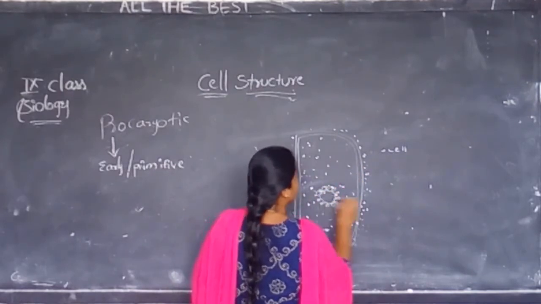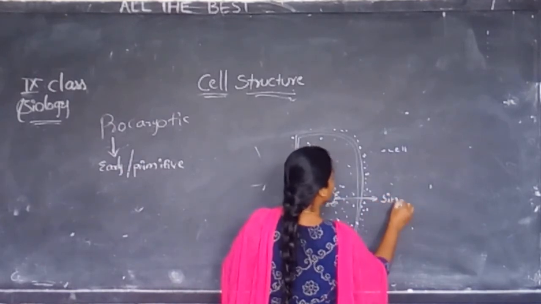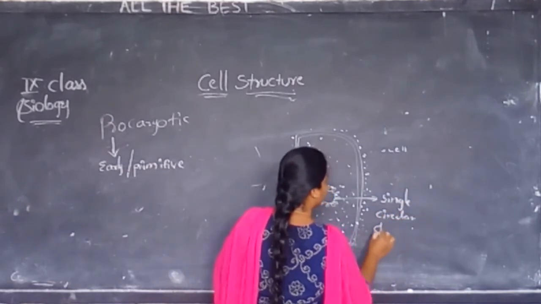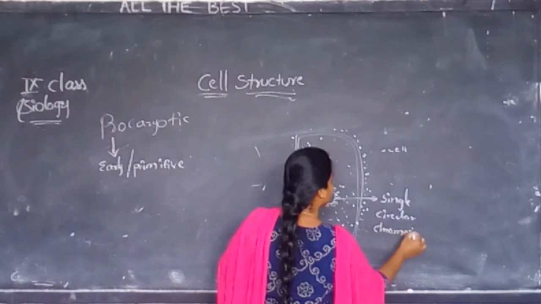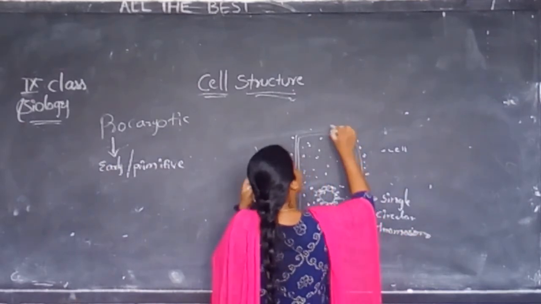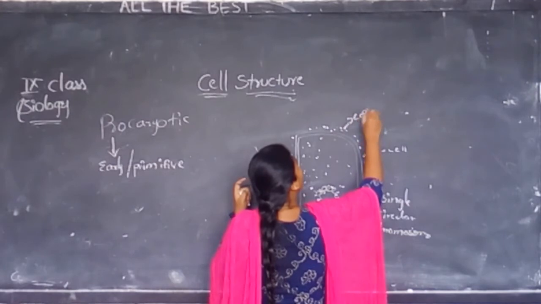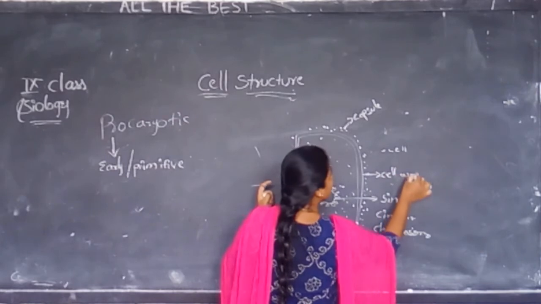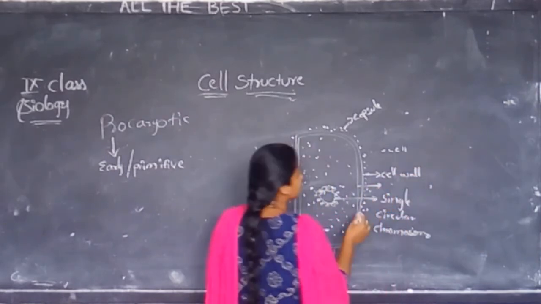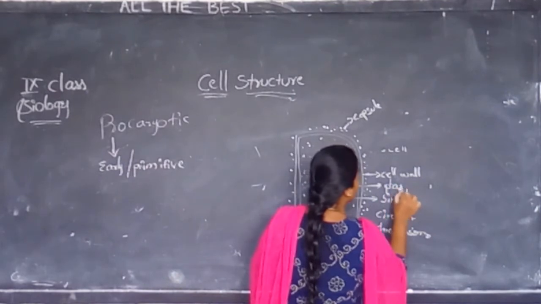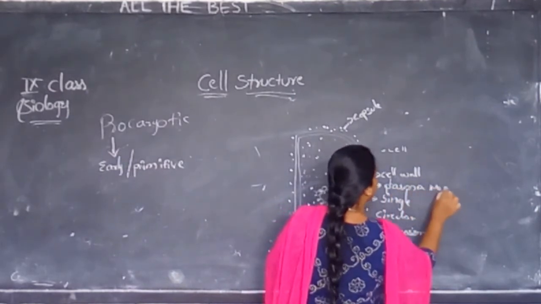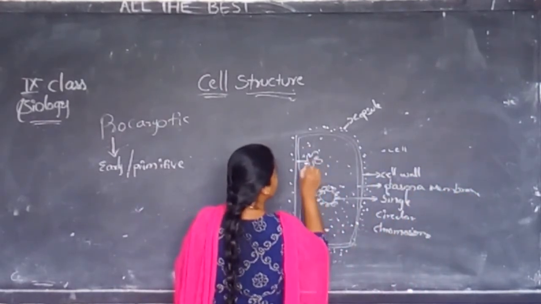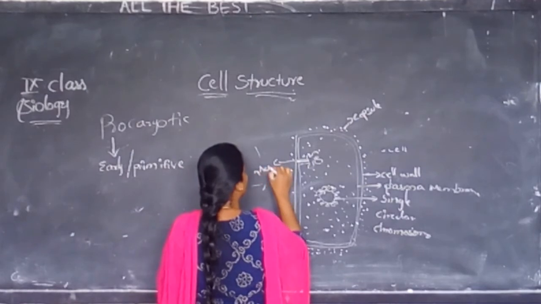This is a single circular chromosome. This is the capsule. The outer layer is called the cell wall. The layer below is called the plasma membrane. This structure is called the mesosome.